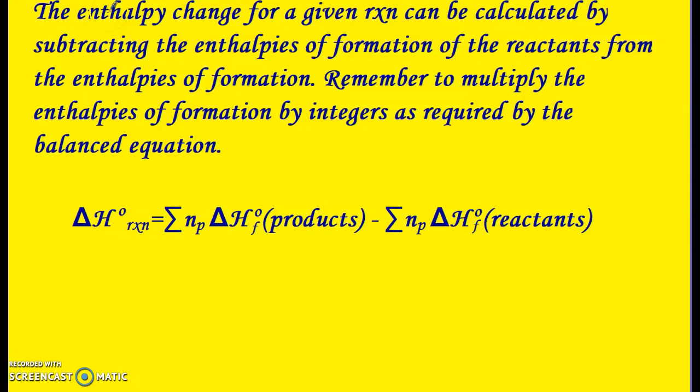Let me just read this to you. The enthalpy change for a given reaction can be calculated by subtracting the enthalpies of formation of the reactants from the enthalpies of formation of the products. So here's our equation. The change in the enthalpy of the reaction at standard state, there's our degree sign, is we're going to subtract the enthalpies of formation of the reactants from the enthalpies of formation of the products.